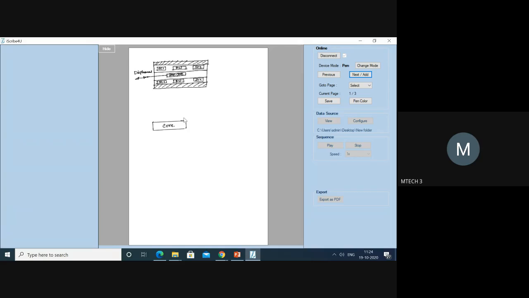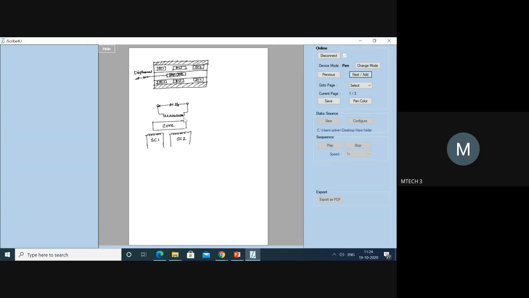So we have the primary winding, and to this you are going to give the AC input. Then we have this, secondary coil 1, and this is secondary coil 2.